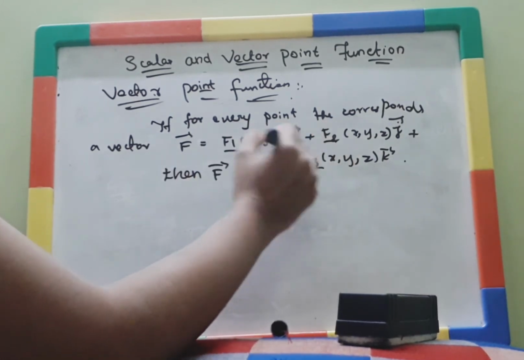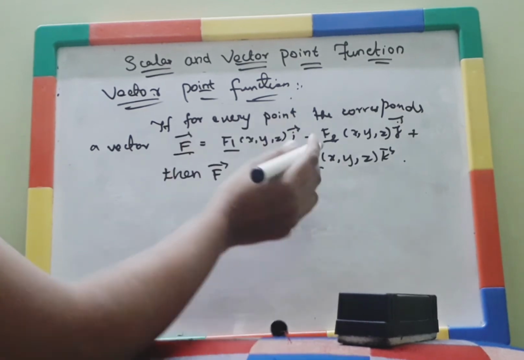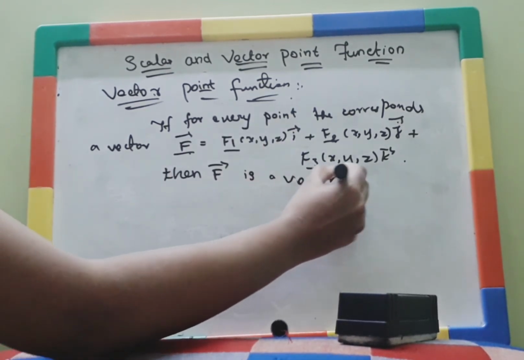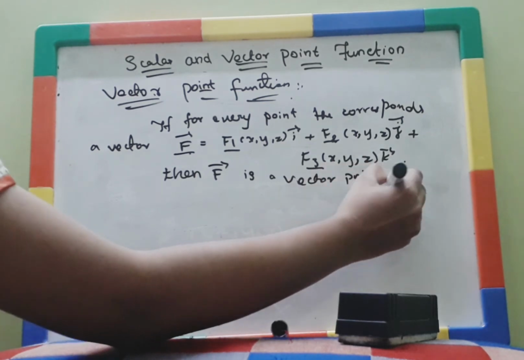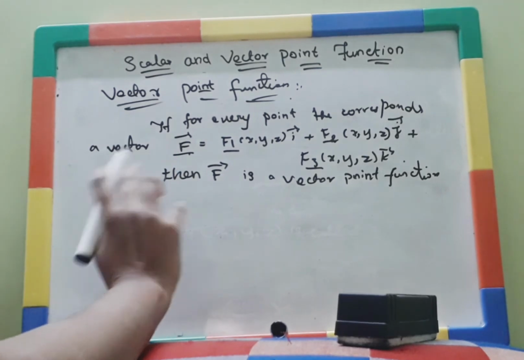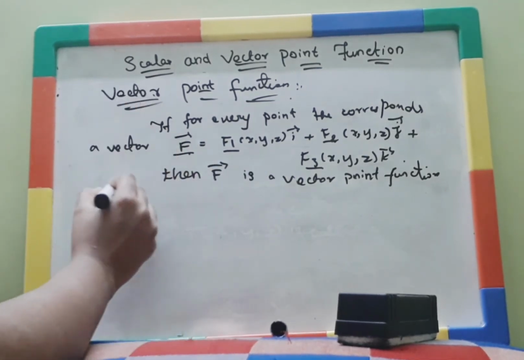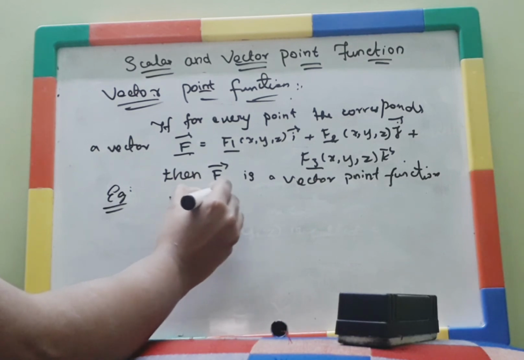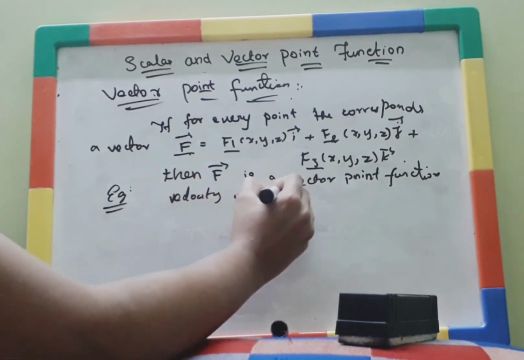The components at a point are split as f1, f2 and f3. This is the definition for the vector point function.